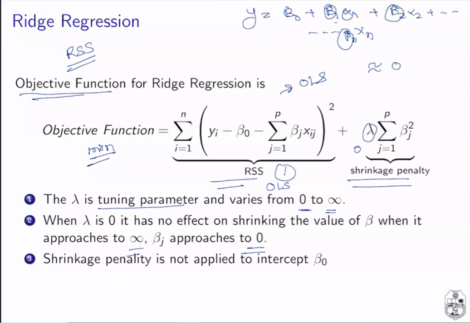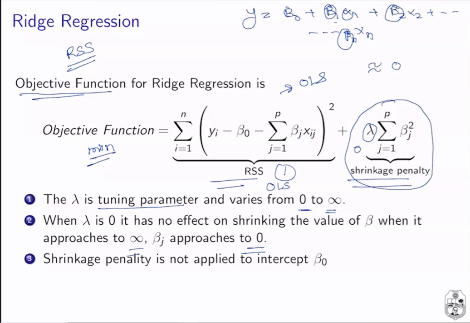Another objective of adding this second term to the objective function is that it penalizes us if we use more features than necessary.